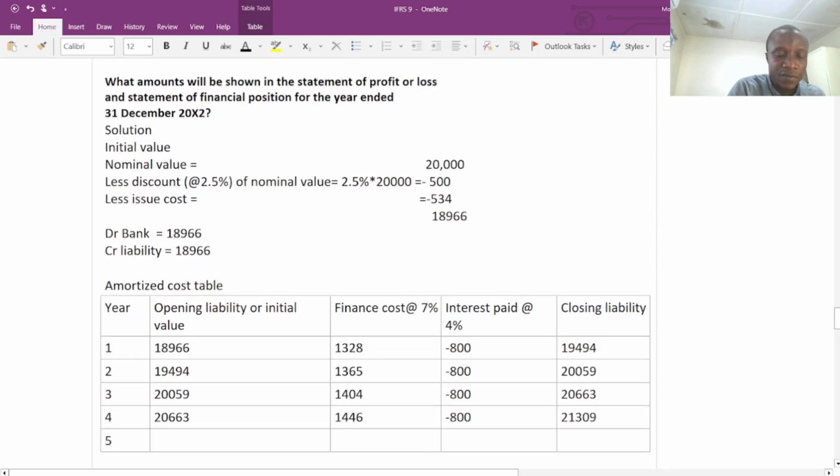Year 5, 21309 multiplied by 0.07, 1492 minus 800. 21309 plus 1492 minus 800 will give us 22001.